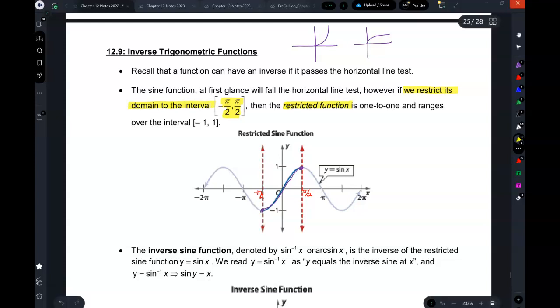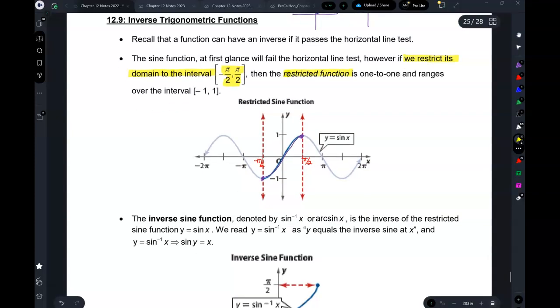Okay, so when you find the inverse of this, if the function is sine, the inverse of this is the inverse sine function, and it's written like this. We've used inverse sine before to find angles. So this is now an actual formal function for it.